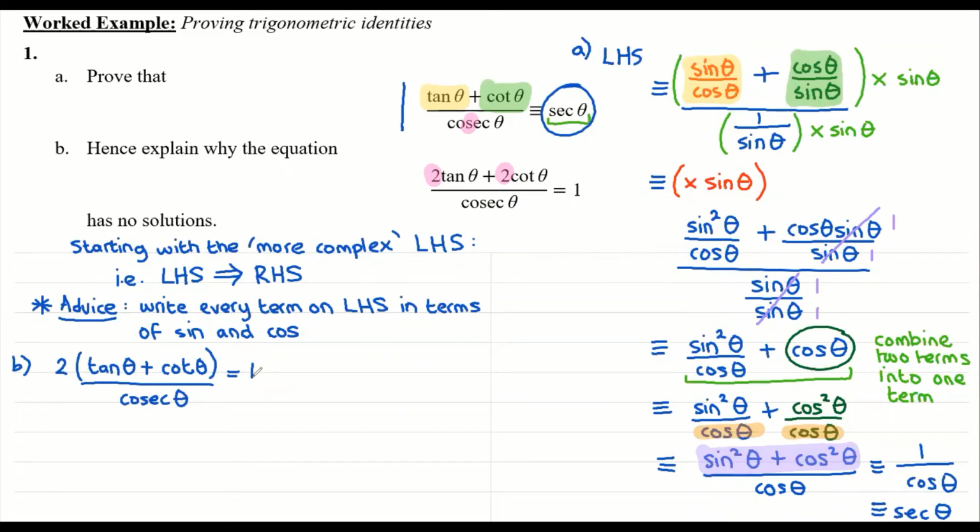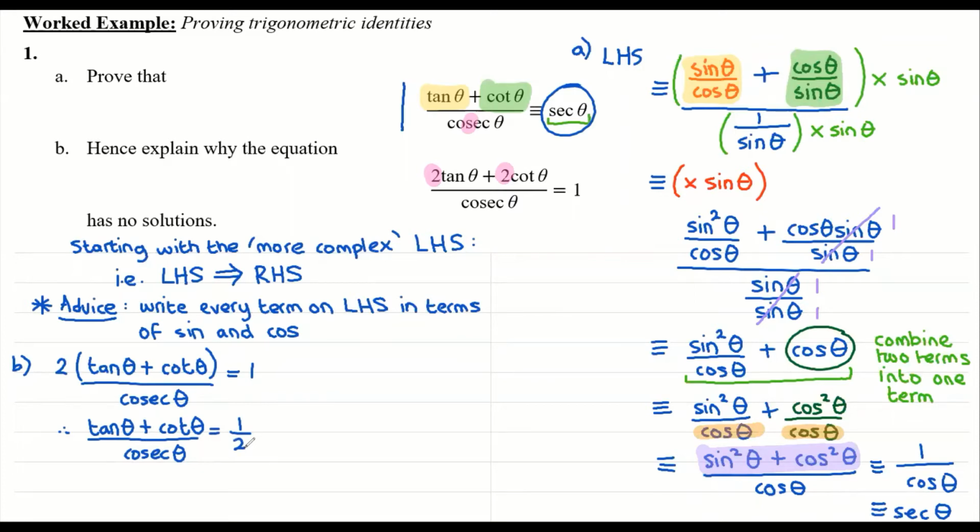Well, if I divide both sides by 2 now, which I'll do, I'm just going to cheat a little bit. Actually, no, I won't. I'm going to write it out again properly. So therefore, we now know that tan theta added to cot theta divided by cosec theta is in fact 1/2. If I divide both sides by 2, that's what I'm going to get.